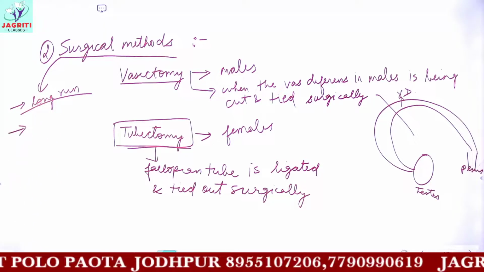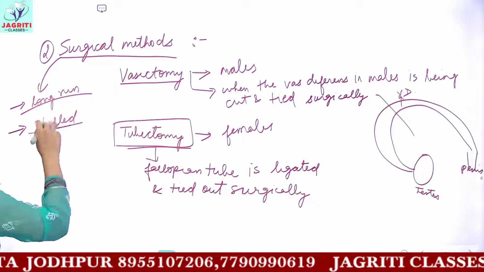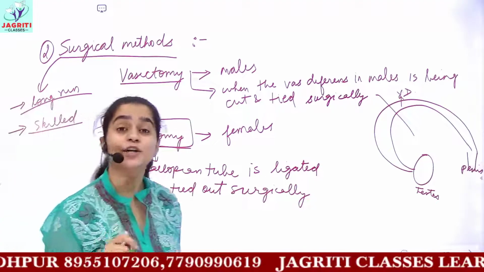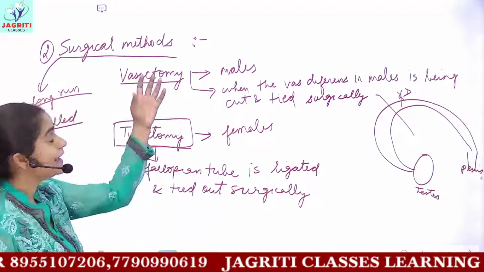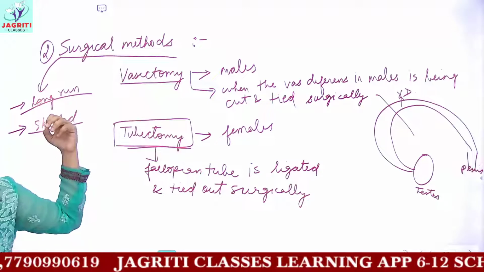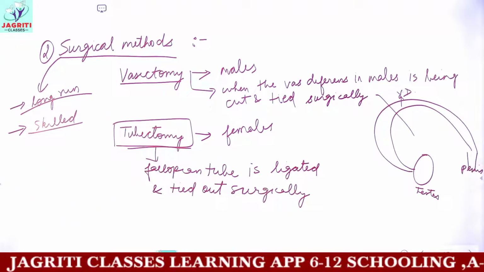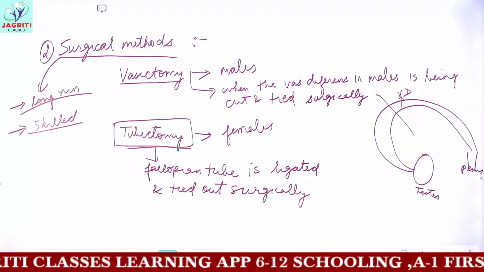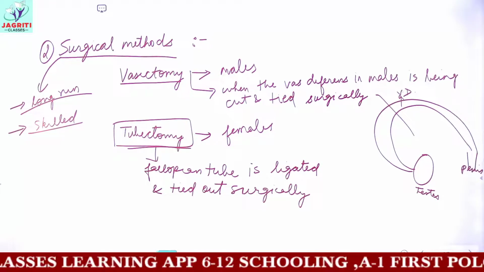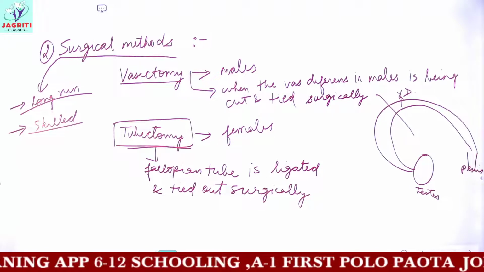Skilled persons are required for performing such surgeries, because if any errors are made, it would cause much disturbance in the complete working of the body. So you have to make sure you know the advantages and disadvantages of every type of method.